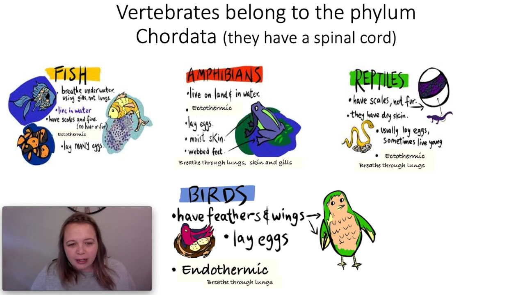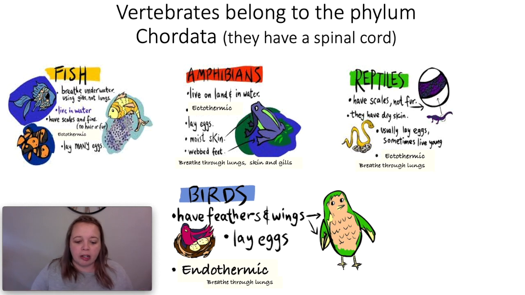But the biggest difference we have now is that these are our very first endotherms. They have the ability to maintain their own body temperature. They don't need the environment to do that. And now that means they can actually live in much more extreme environments. So you won't find reptiles that live in the Antarctic because it's too cold. They won't be able to get hot enough to function properly.